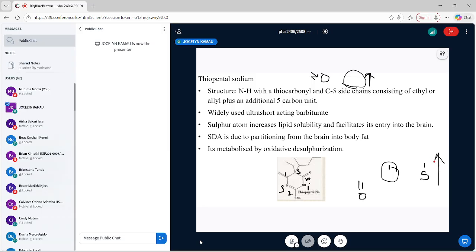Therefore the thiobarbiturates have much, much higher lipid solubility. The minute we put an S there, you can see this is the sodium salt, because it has been derivatized into the salt. When you put an S there, that barbiturate increases in its lipid solubility, so it hits the brain very fast and brings about its effect very quickly.